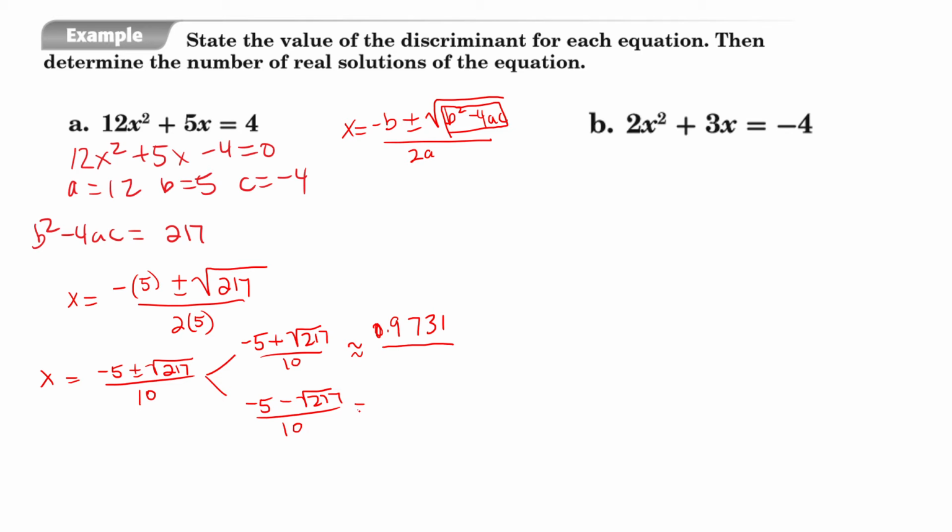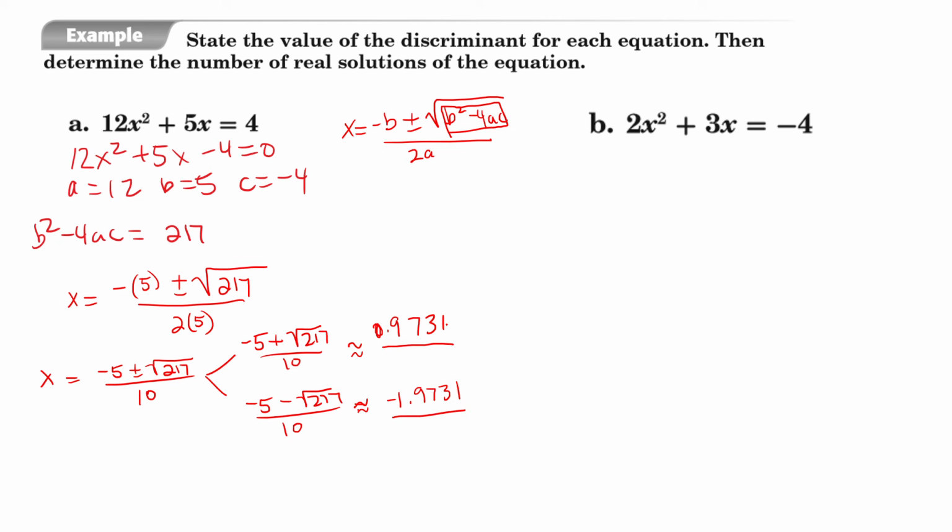All right, you're going to do the same thing, but this time a minus the square root. So we're going to do negative 5 minus the square root of 217, and then divide that by 10, and I'm going to get a negative 1.9731.